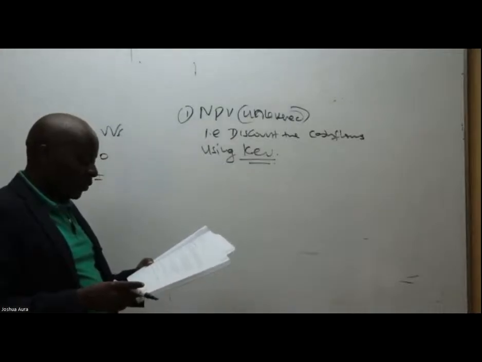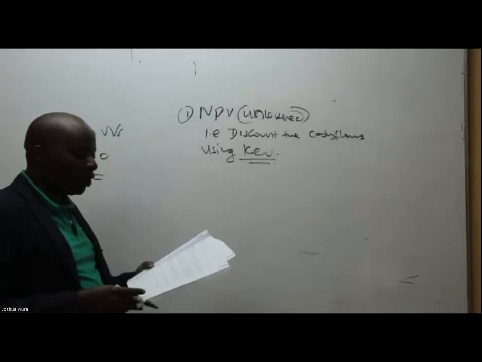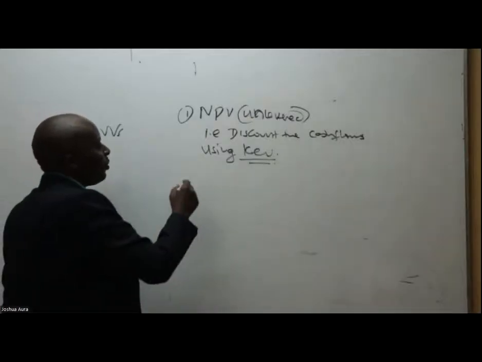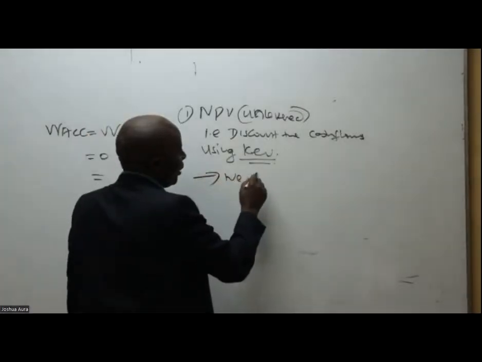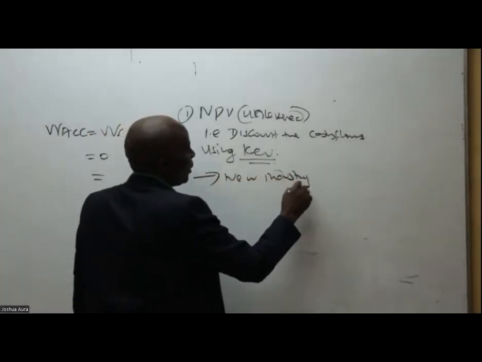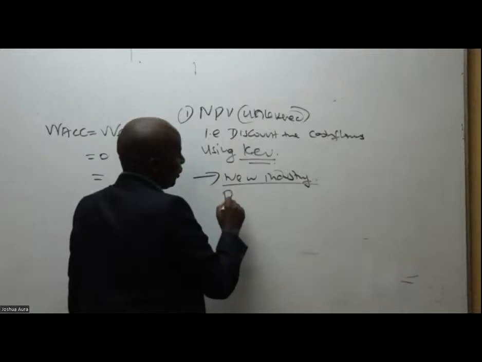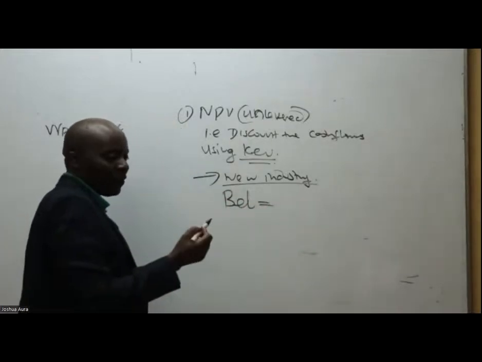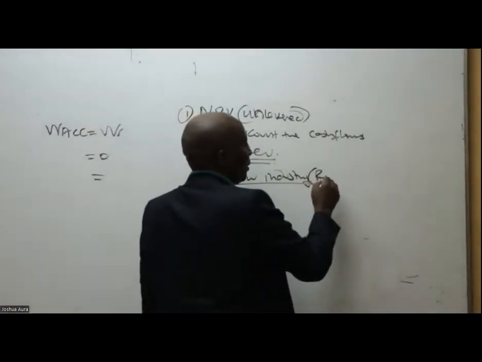So this really will not be a problem to me whatsoever. I will start first of all because we are going to a new industry. First of all, I will start with the relevant beta.